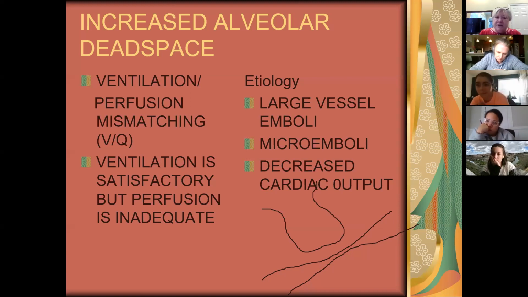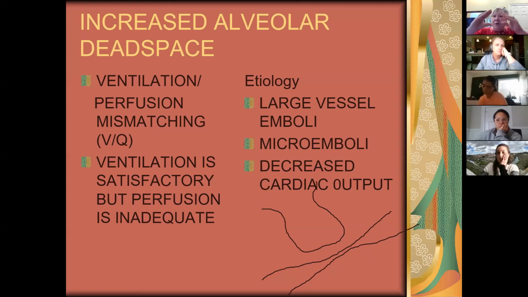So again, PEs, emboli, are very common. Or let's think about the patient who we just put on PEEP and we decrease their cardiac output and they go into cardiovascular collapse. Their blood vessels, if there's not enough blood in them, clamp down. And so gas exchange doesn't take place past those vessels in the lungs that are clamped down. There's no clot in them. They just have no blood in them either, because we didn't pump enough blood out of the heart.